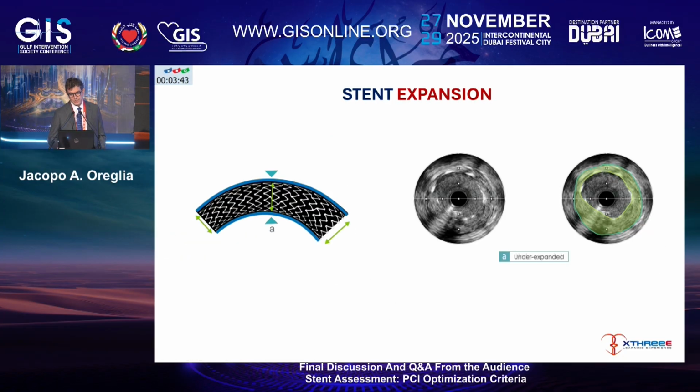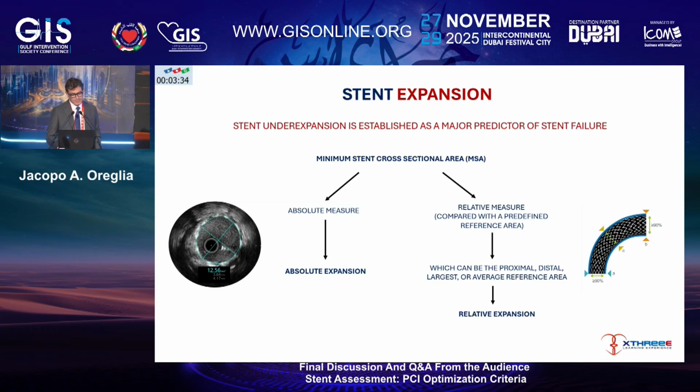So we get to the expansion of the stent, which was the question that our colleague put to us a few minutes ago. So what about stent expansion? Under expansion of the stent can be measured with an absolute measure. So we need to get a number that says this stent is okay in an absolute way, or we have relative measures that are normalized on the diameters of the vessel, which makes sense, because a big vessel needs, of course, a bigger area than a small vessel.